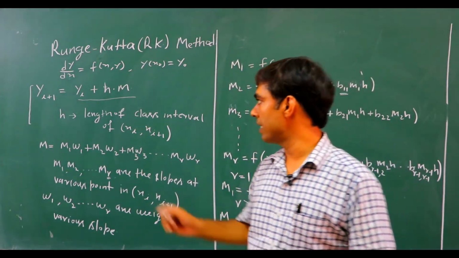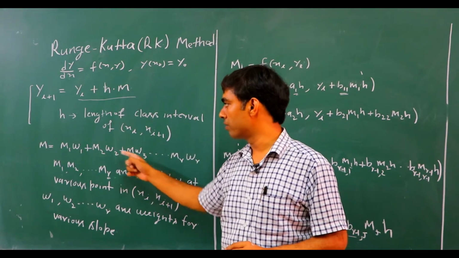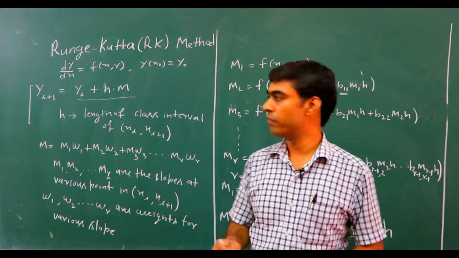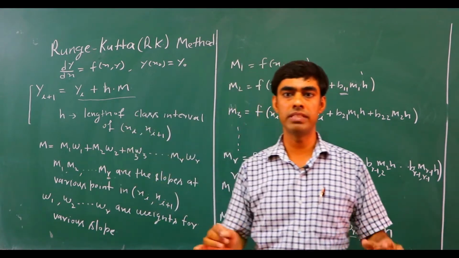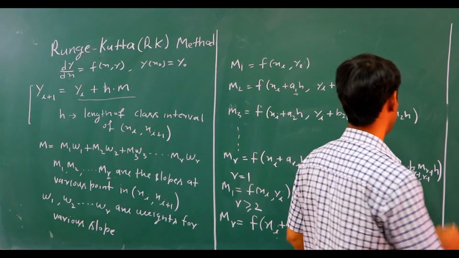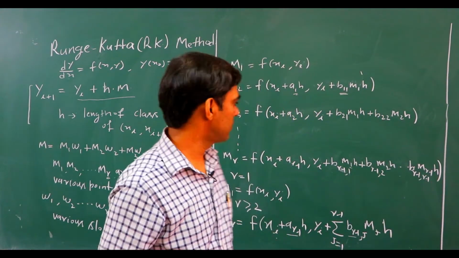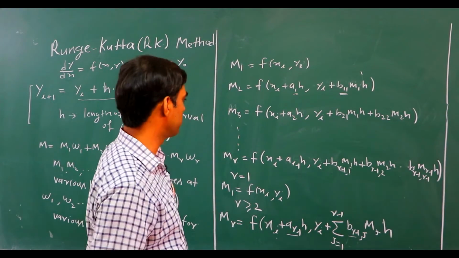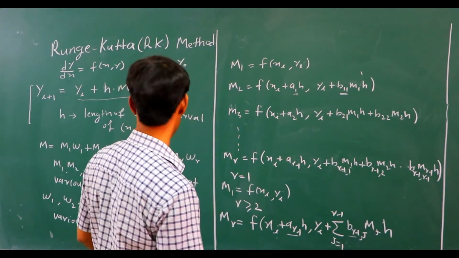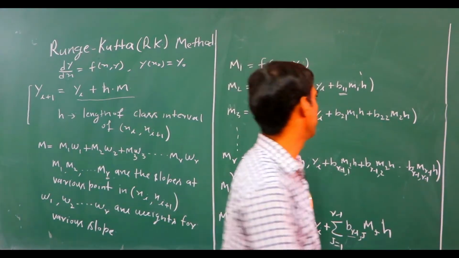So first we write M in terms of W1 and M1, then we compare the right hand side with the Taylor series expansion. So how do we derive this?